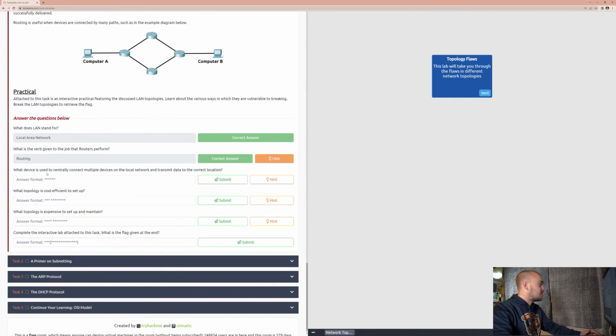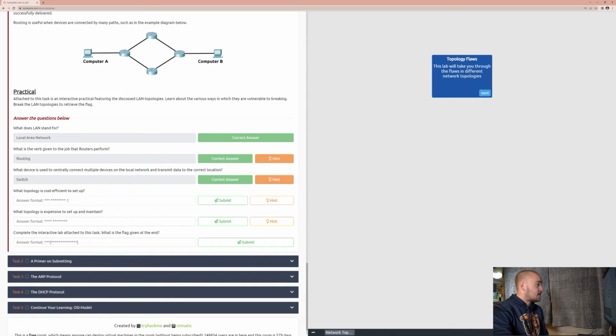What device is used to centrally connect multiple devices on the local network and transmit data to the correct location? Now this is talking about a switch. A switch is the thing that we saw in the very first topology with the star. It's very easy because all the devices just connect straight into that, and then they're able to move around like that. So what topology is cost efficient to set up?